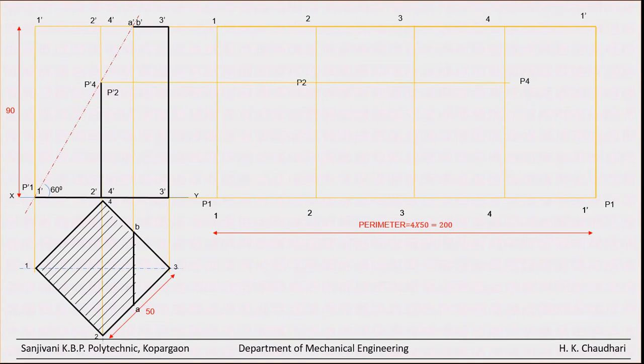So just see again how to locate point A and point B. Okay, now we know the distance of point A from this corner 2, clear.